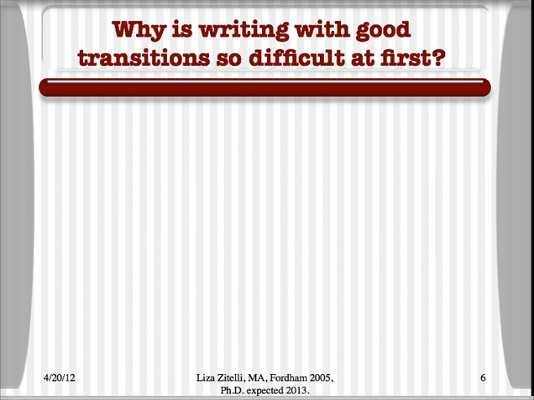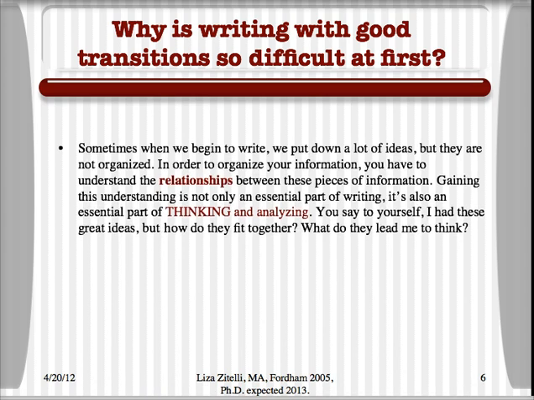Why is writing with good transitions so difficult at first? Well, a lot of it is about the process of writing. Sometimes when we begin to write, we put down a lot of ideas, but they are not organized. In order to organize your information, you have to understand the relationships between these pieces of information.